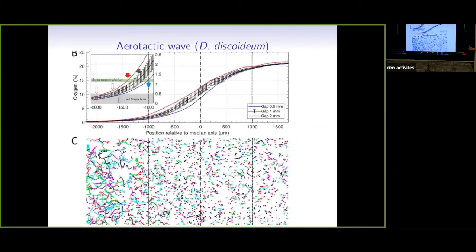I didn't mention it, but this is not the previous experiment. This is a microfluidic experiment in a very controlled channel, where they control the gradient of oxygen. This gradient of oxygen is not the one coming from the experiment, it's the one built by the biophysicists.